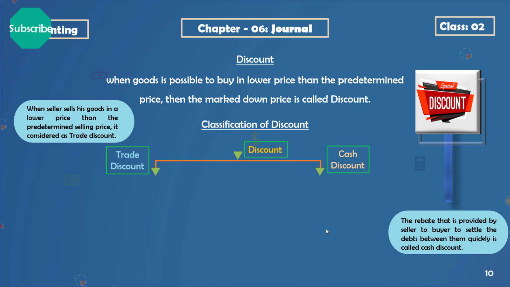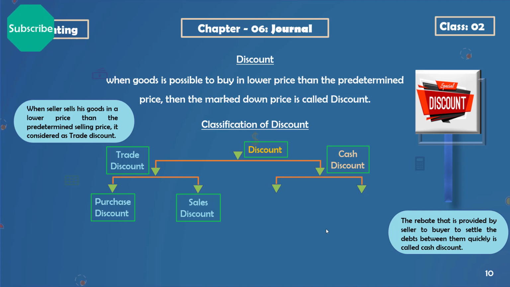Okay, so now we will know the classification of these two. Trade discount has two types, and cash discount also has two types. Trade discounts are purchase discount and sales discount. Purchase discount is from the purchaser or buyer side, and sales discount is from the seller side.